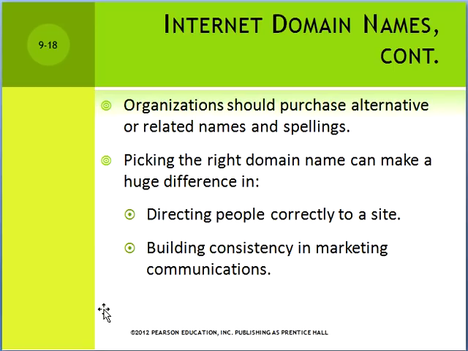Organizations should purchase alternative or related names and the spellings as well, because these are their products. So this is why Coca-Cola has got the Coke, and the Coke.com also is theirs, and a number of related kind of names so that customers don't get confused with the other names. So picking the right domain can make a huge difference in directing people correctly to a site or building consistency in marketing communication.